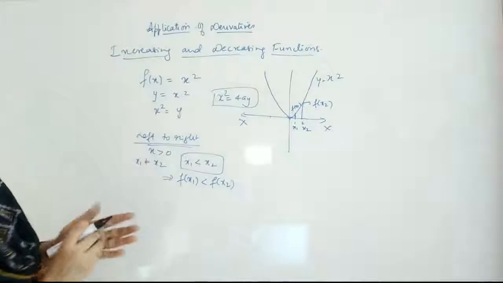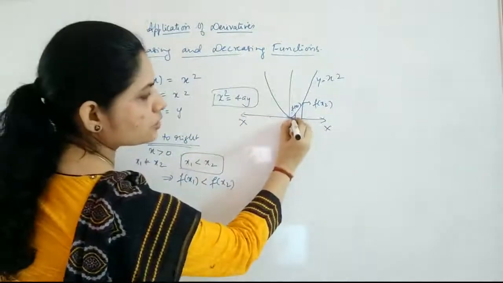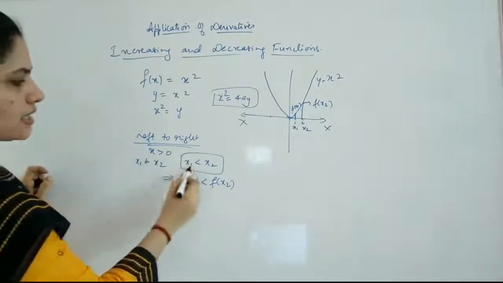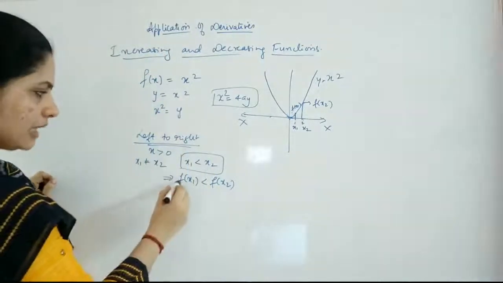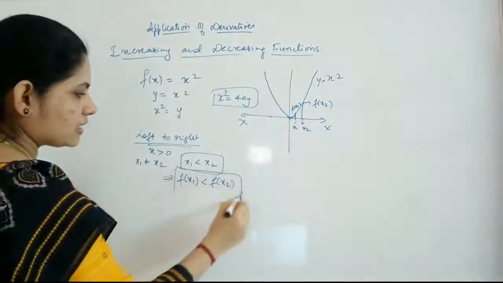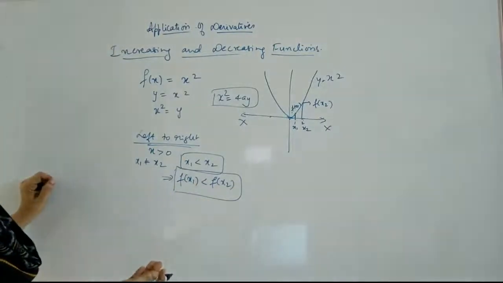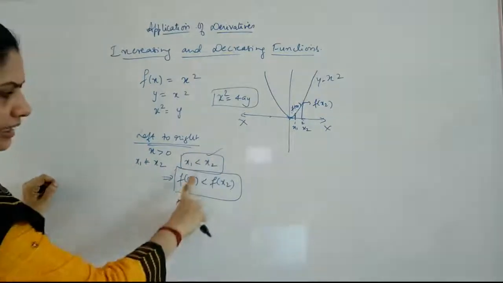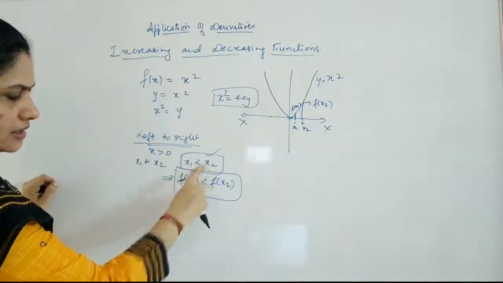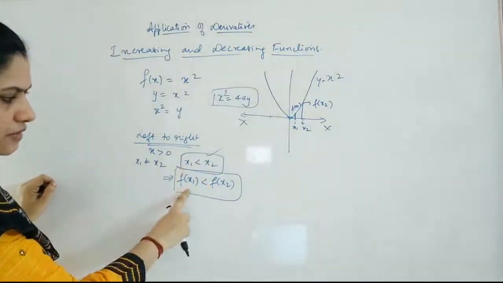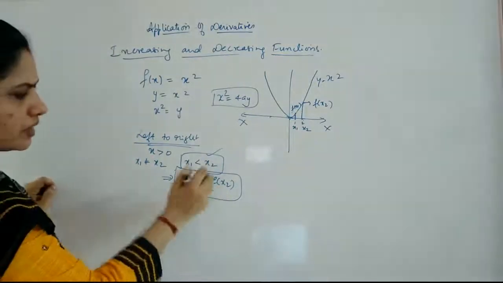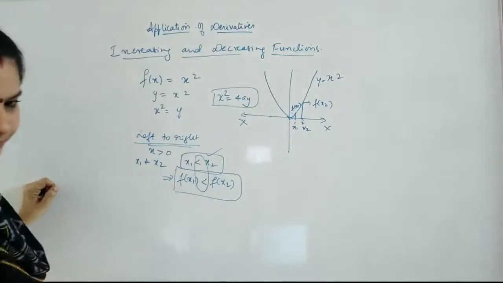When I am passing from this point to this point, I have taken 2 points x1 and x2 so that x1 is less than x2, then f of x1 is also less than f of x2. The function value is also changing as your x value is changing. So the relation is like same.